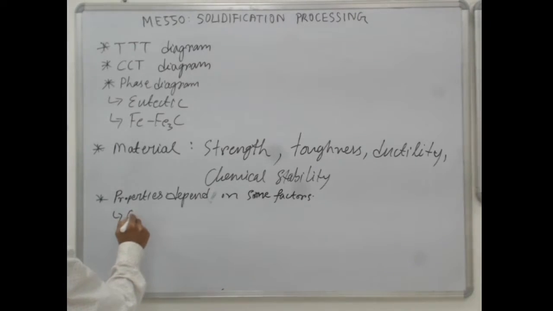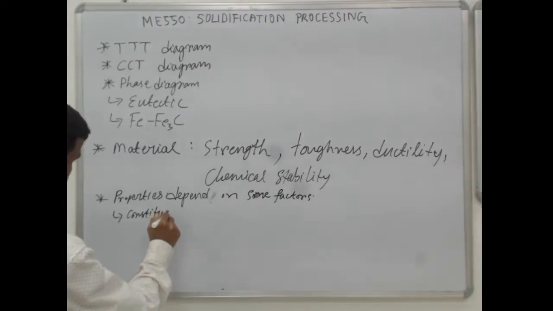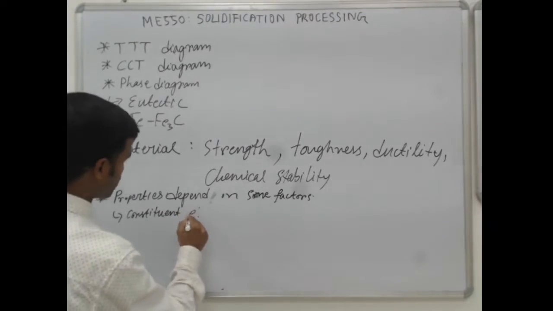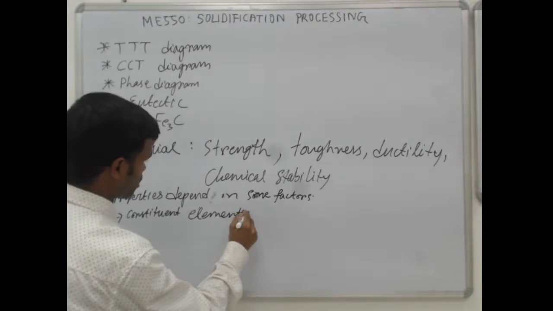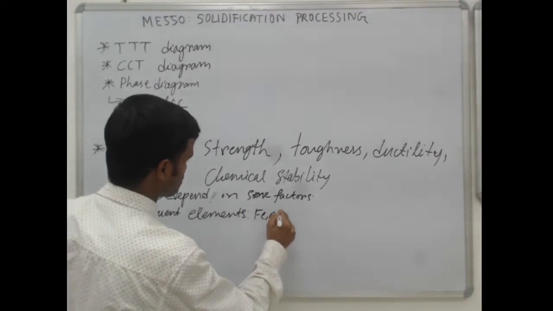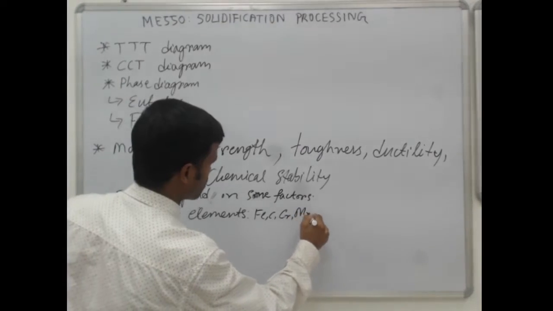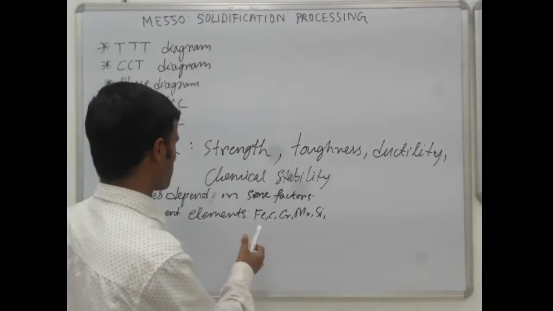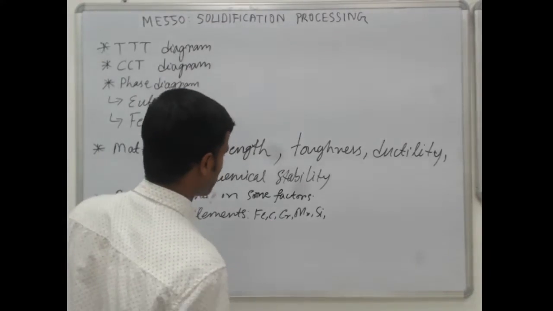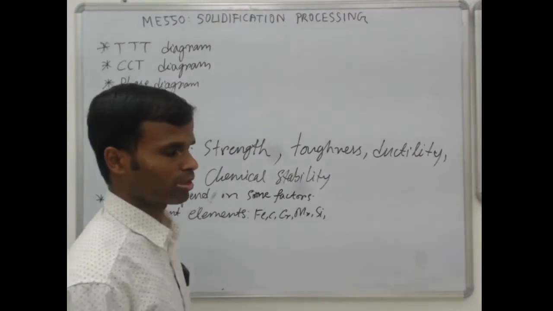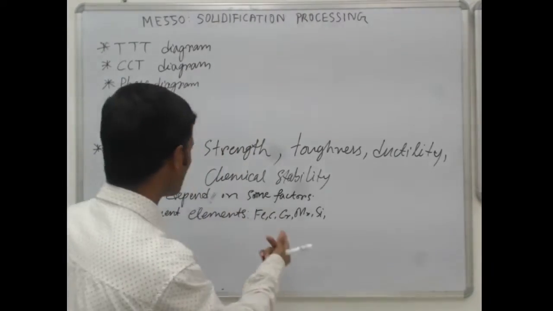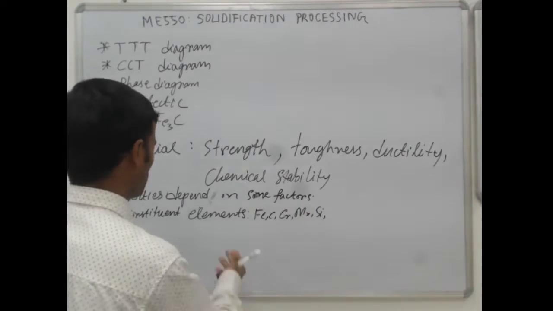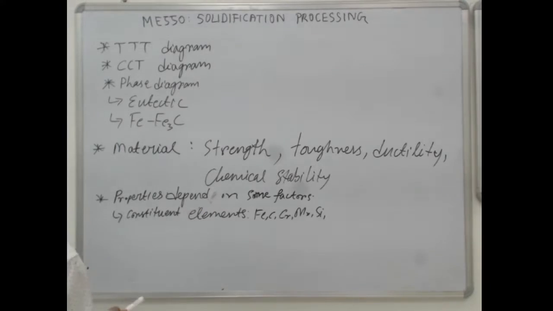One would be the constituent elements, say iron, carbon, chromium, manganese, silicon, etc. Depending on the constituent elements, the type of bonding will vary, and accordingly you will get different strength or other properties.